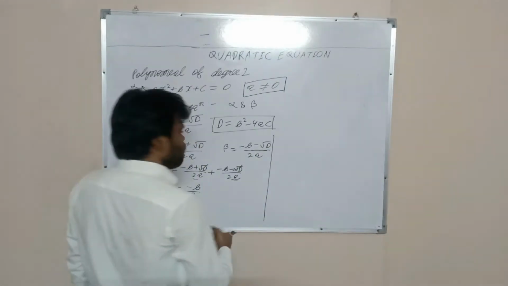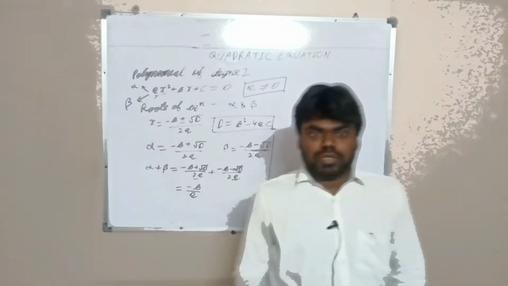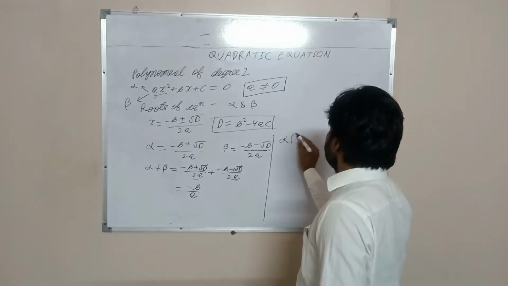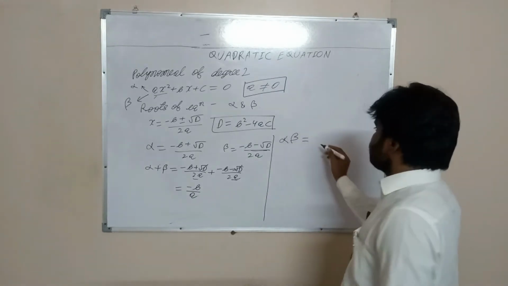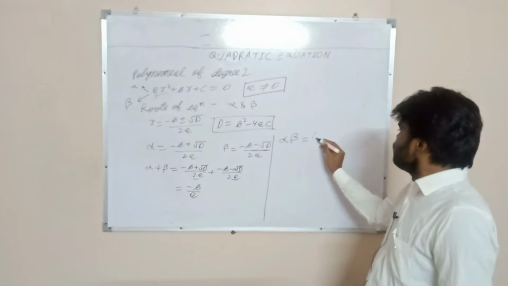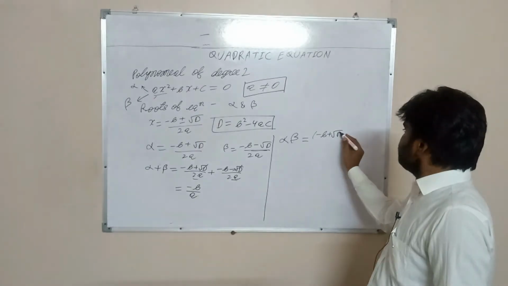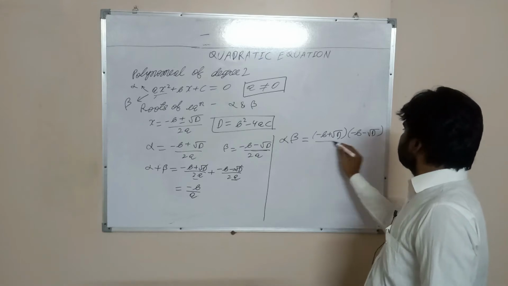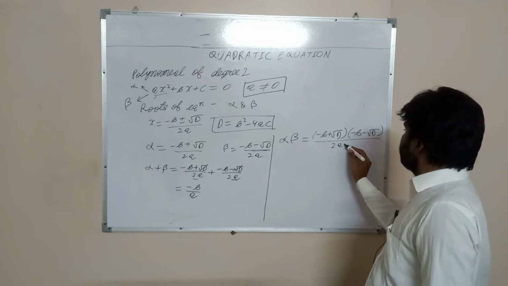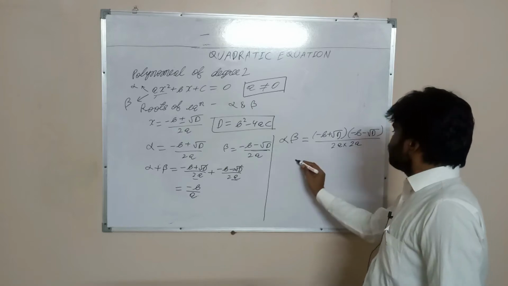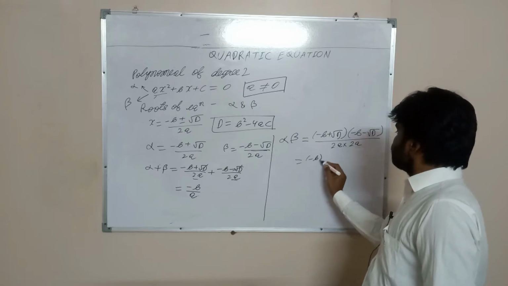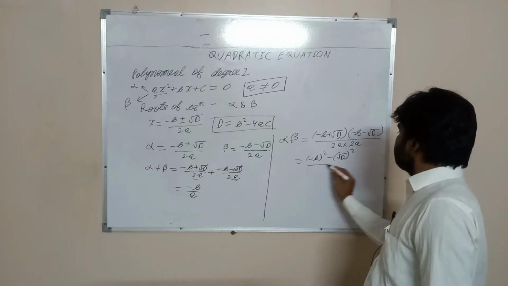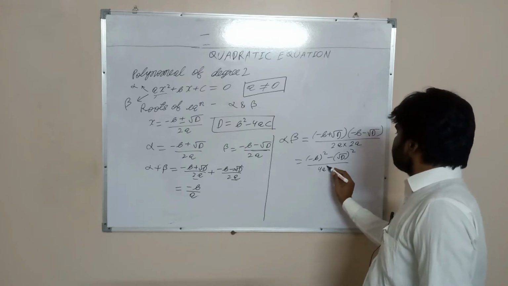Apart from this we see the product of roots, alpha and beta. So what is this going to be? This is minus b plus root d times minus b minus root d upon 2a into 2a. So it will be minus b square minus root d square upon 4a square.